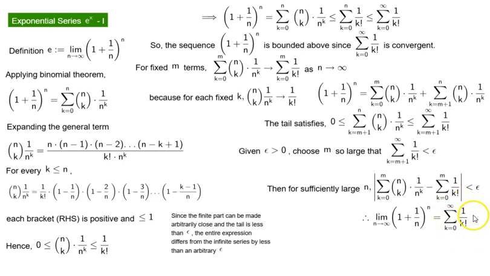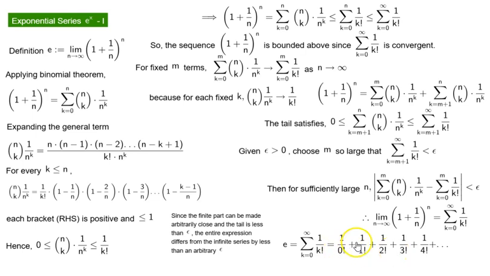If we expand this right hand side, we get a series, and the left hand side, as per definition, is e. So e is equal to the summation k equal to 0 to infinity of 1 by k factorial, which is equal to 1 by 0 factorial plus 1 by 1 factorial plus 1 by 2 factorial and so on. 0 factorial is nothing but 1, so 1 by 0 factorial is 1, and 1 by 1 factorial is 1.